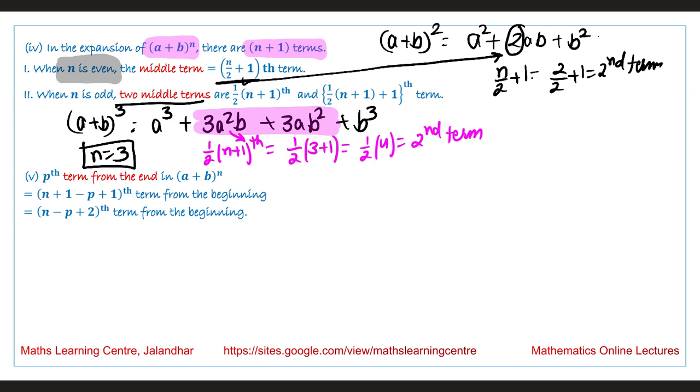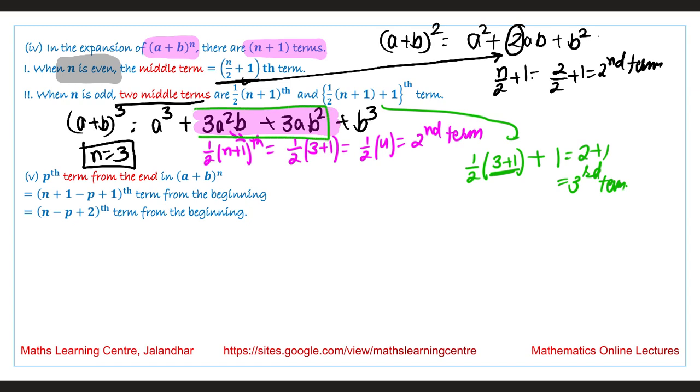And the other is (1/2 × (3 + 1)) + 1, that is 4/2 + 1, that is equal to the third term. So both the second and the third term are the middle terms. So there are two middle terms in this case.